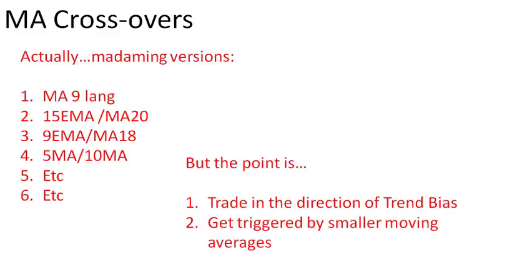Kasi kailangan pagka na-break nung let's say yung 9 MA, na-break niya yung 18, kumbaga significant move yun kasi nga na-break niya yung times 2 its time period. So yun, that's it for moving average crossovers.